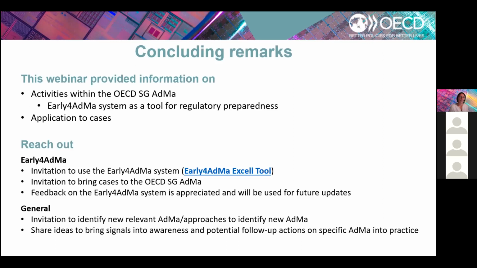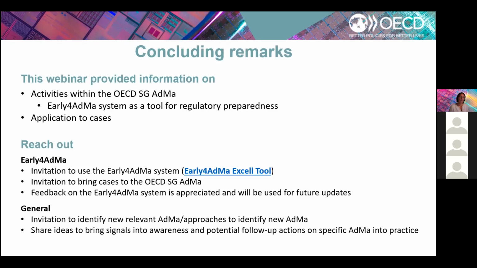Any relevant advanced materials that are identified by you, that you are very interested in, but also approaches like horizon scanning to identify new advanced materials are also much appreciated if you have ideas on this.